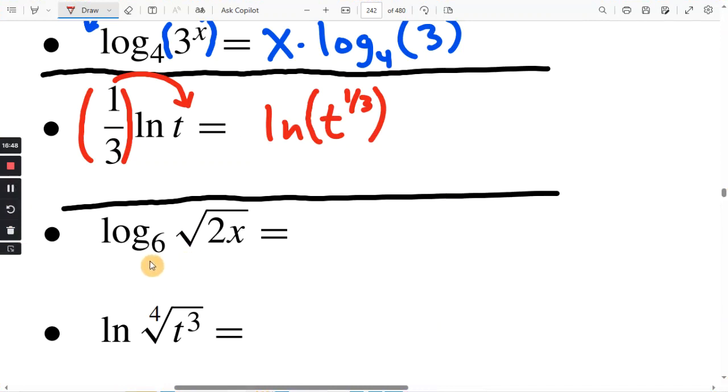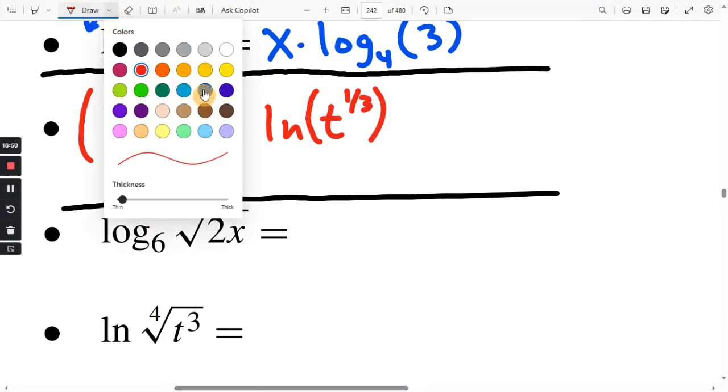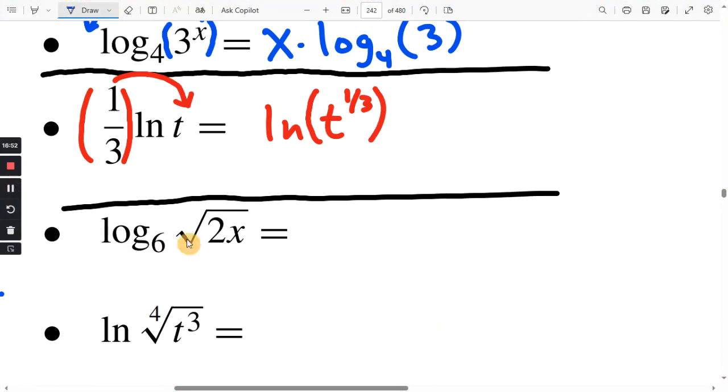All right, here we have log base 6 of radical 2x. We need to rewrite this with a fractional exponent. So that's going to be log base 6, and instead of radical 2x, we're going to make it 2x to the power of 1/2.